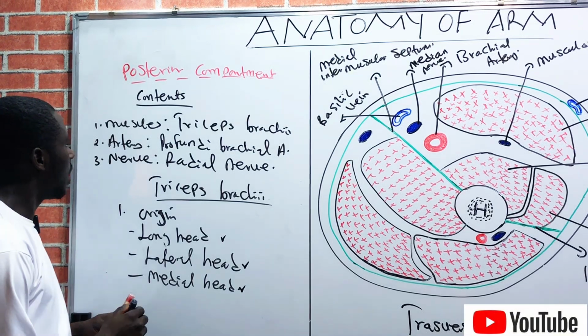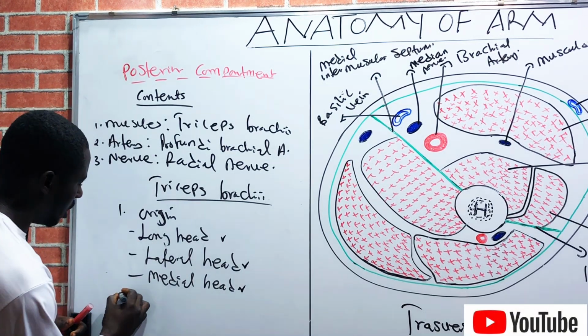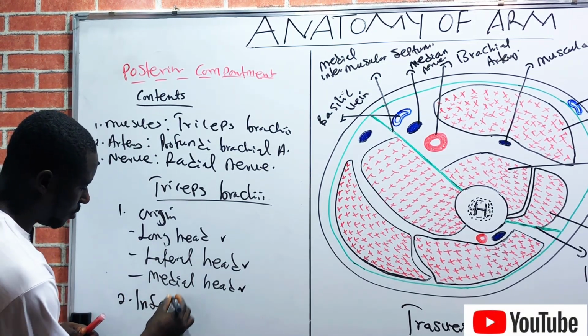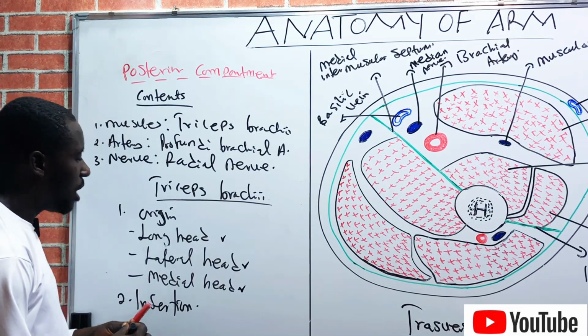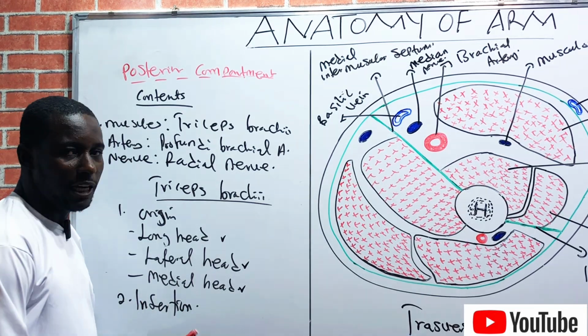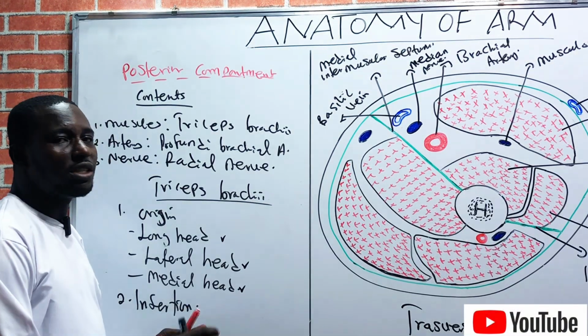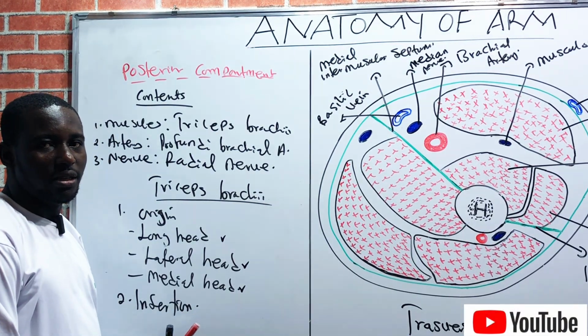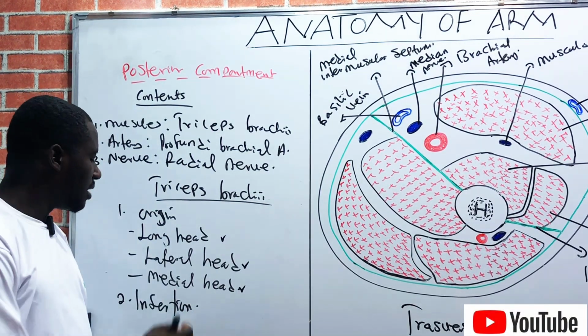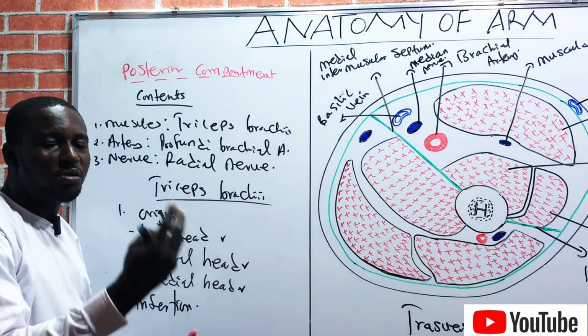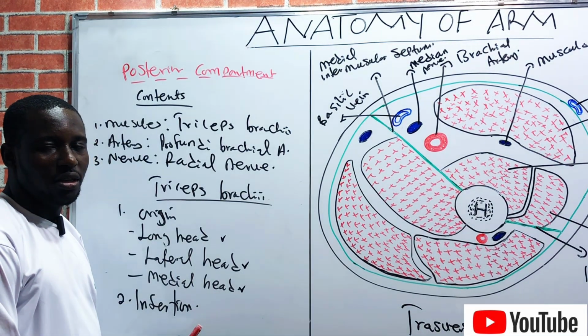Okay, now we delve into the insertion. Where is the insertion of the triceps brachii? These three heads form the common tendon. You get?